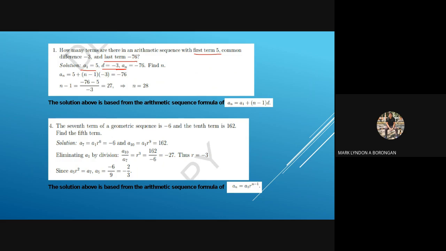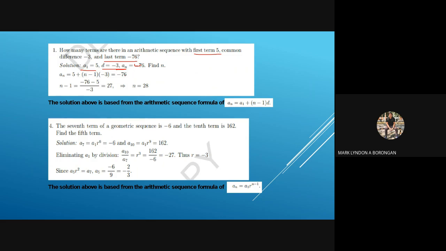So the last term is considered as the nth term. Okay? This is the nth term. So what we are finding is how many terms. So how many terms do you get up to negative 76? Which term is negative 76?